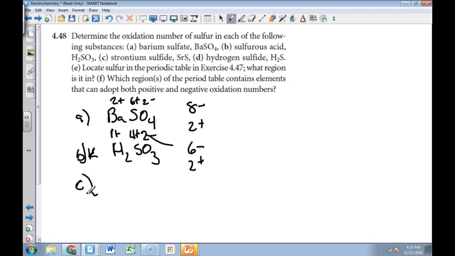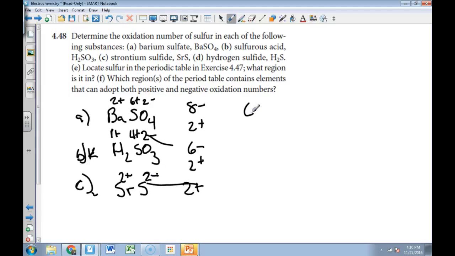So now for strontium sulfide, SrS, when it's a binary compound, the charge on the metal is whatever the charge on the atom would normally be. Maybe I could say that a little more accurately: the oxidation state is what the normal charge would be. So this is 2+, so that means sulfur here is 2-.